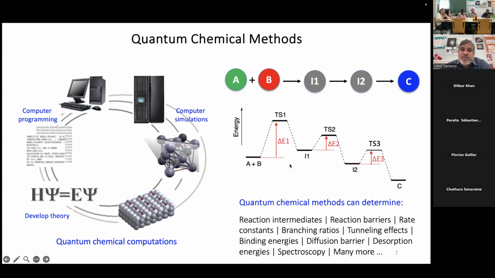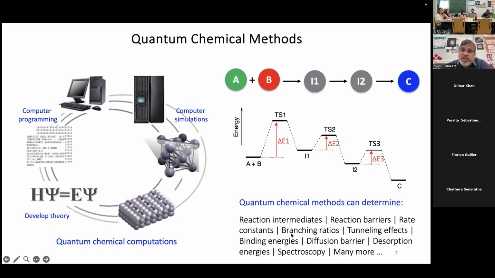For example, if you want to understand this reaction using quantum chemical computations, you can compute the intermediate structures, and of course you can get their energies, and then you know the reaction barriers going from the starting point to the intermediate to the product, and then you can get overall reaction barriers.